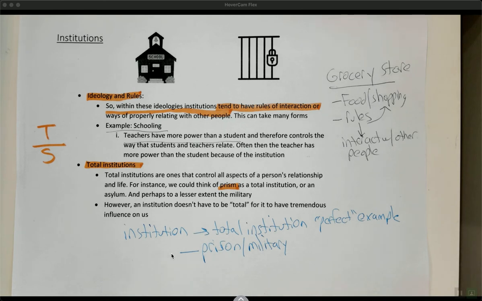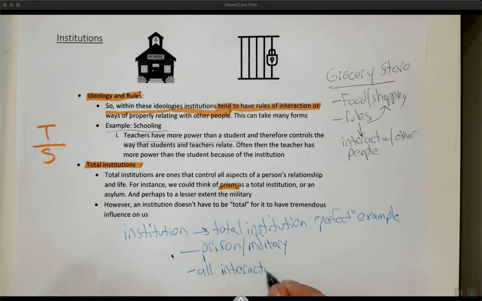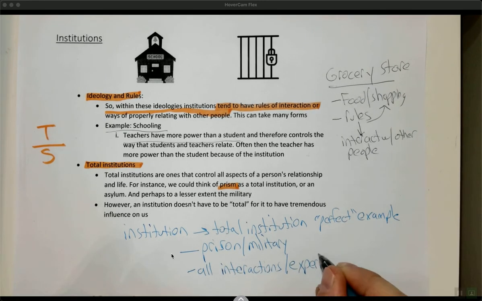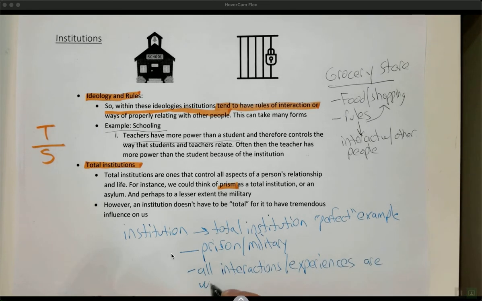Similarly, the military is also a form of total institution where all your interactions are within it. So in a total institution, all interactions, all experiences are within the institution.